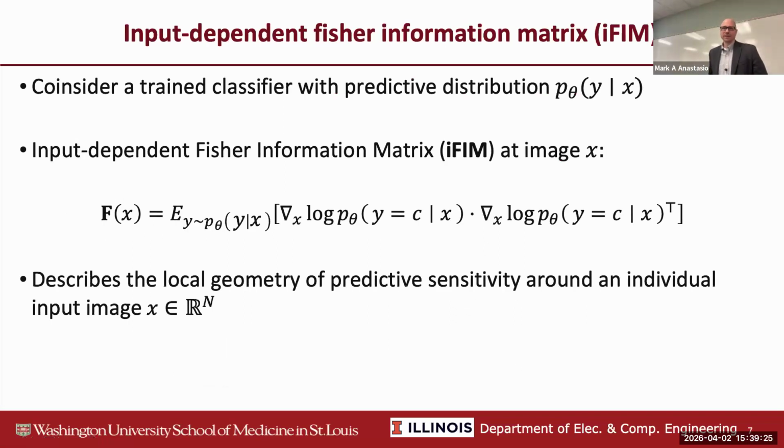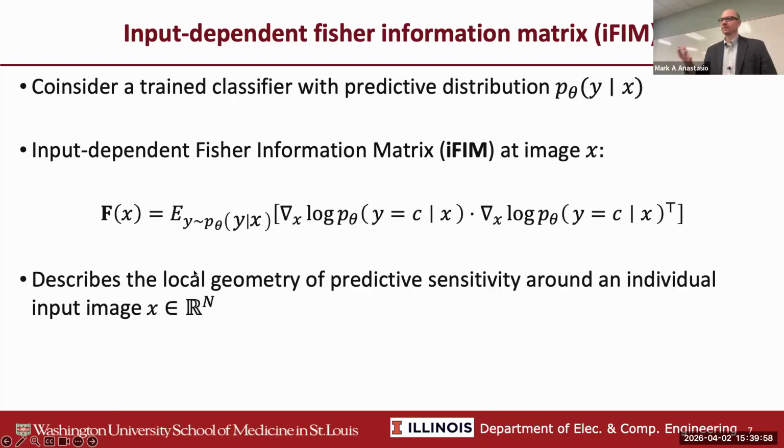Okay, now let me define the input-dependent Fisher information matrix, and this is the key tool in our analysis. So let's consider that we have a trained classifier P. We're not going to fine-tune the classifier. We have a classifier P, and we have an image X that was classified, and we want to understand what parts of X were driving the decision. Okay? So this input-dependent Fisher information matrix, we'll call IFIM, evaluated at input image X, is defined by the equation given here.